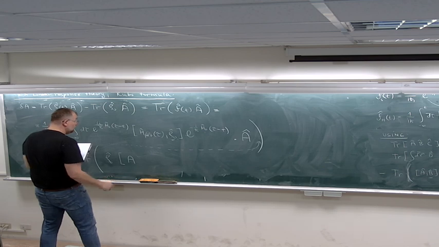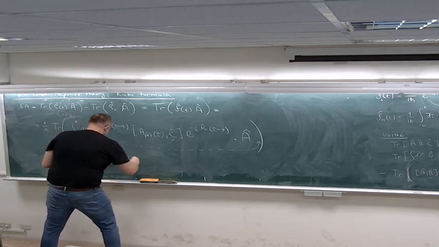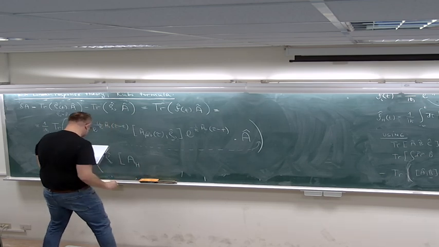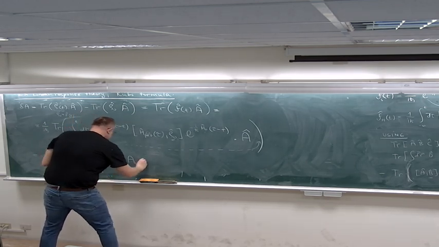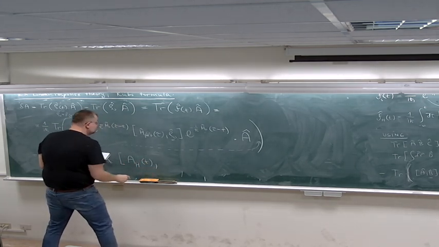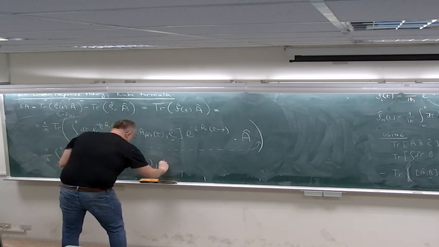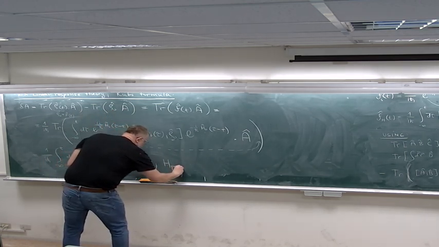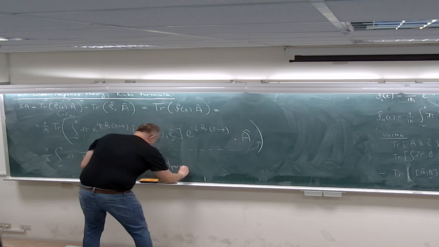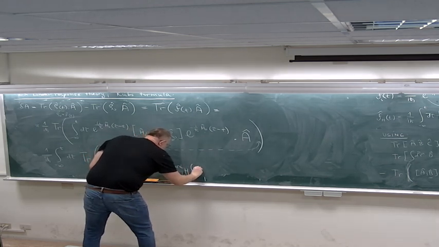So, okay, I already did the Heisenberg picture. And this is time t. And this is the operator R, the Heisenberg picture at time tau.